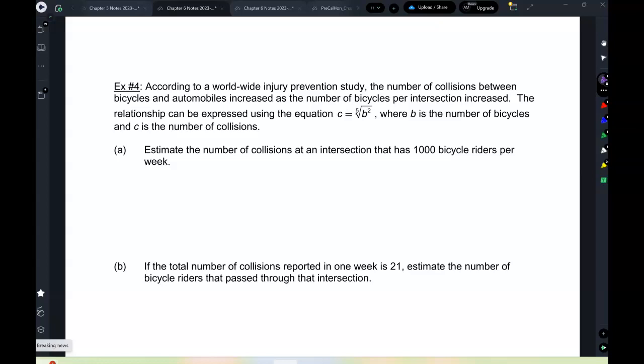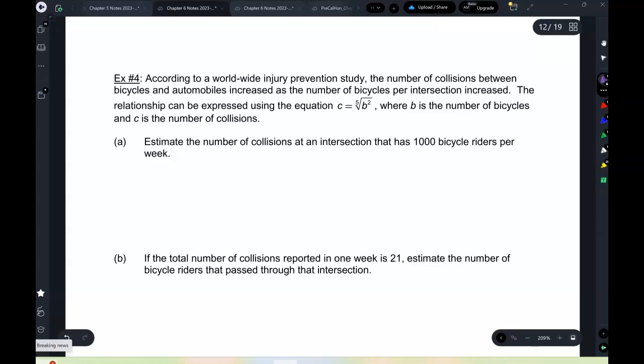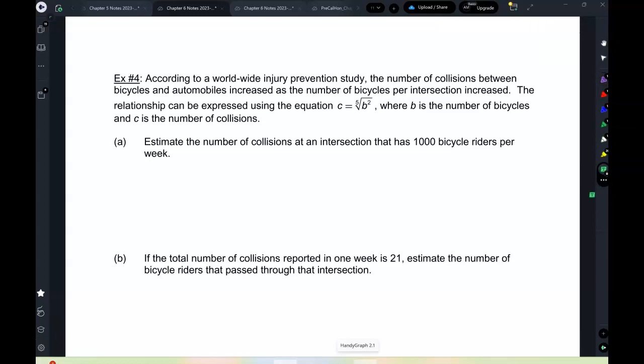So according to a worldwide injury prevention study, the number of collisions between bicycles and automobiles increased as the number of bicycles per intersection increased, right? That makes sense. The relationship can be expressed using this equation, where B is the number of bicycles and C is the number of collisions.